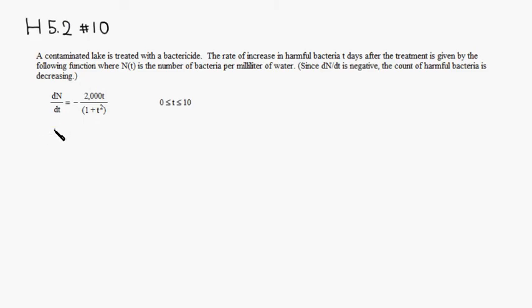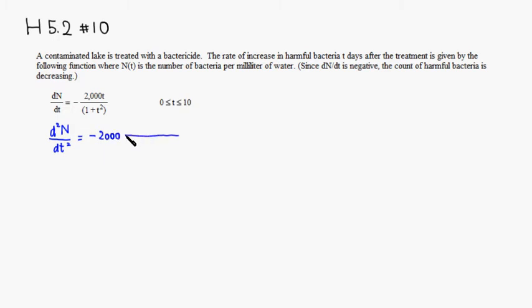So we take another derivative, so it's going to be the second derivative of capital N with respect to time. Here I'm going to use the quotient rule. So we have a negative here, and 2000 is just a number, so I'll just put the number in there.